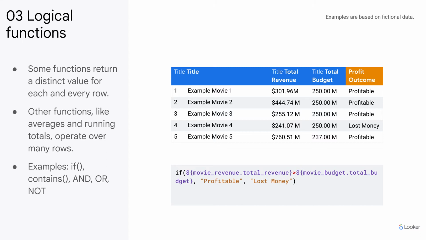The profit outcome table calculation evaluates whether the total revenue amount for each title is greater than the total budget. If it is, the displayed value is the word profitable. However, if total revenue is less than or equal to total budget, the displayed value is lost money.